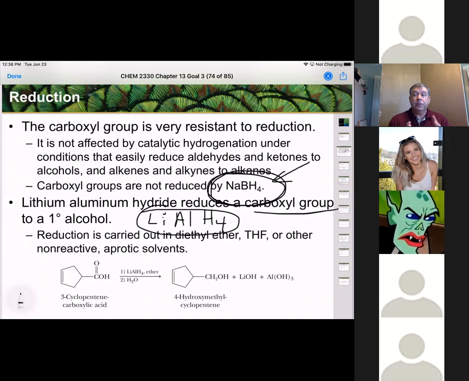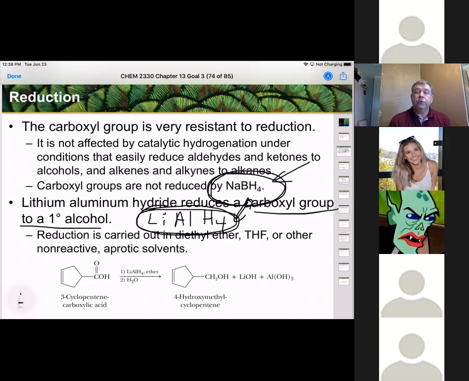This is where chemistry starts to get fun, because you can choose an exact reagent to react with just one functional group and not the other. Both of these reagents will reduce aldehydes and ketones down to alcohols, but only lithium aluminum hydride will reduce carboxylic acids.